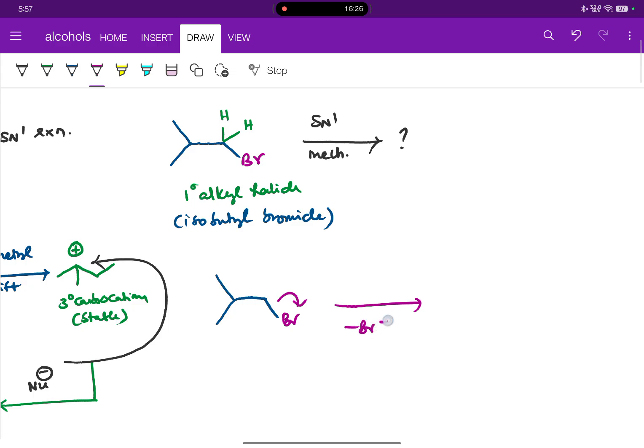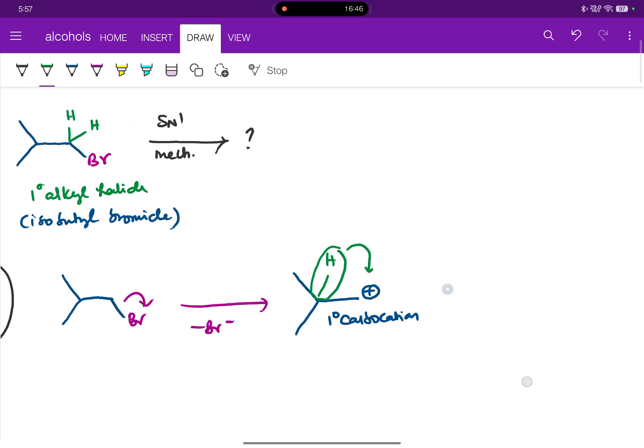Formation of carbocation. Very good. A carbocation is formed, which is a primary carbocation, correct? At the same time, you can also see there is a hydrogen over here. So this hydrogen will get shifted here. We call this a 1,2 hydride shift. Automatically the hydrogen gets shifted to the terminal carbon. You get a tertiary carbocation.